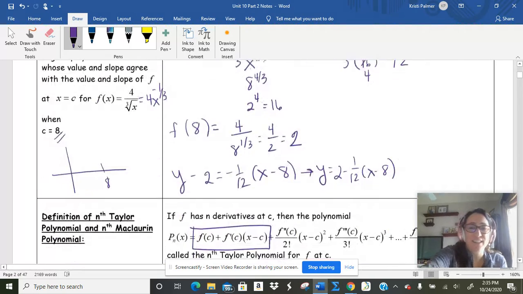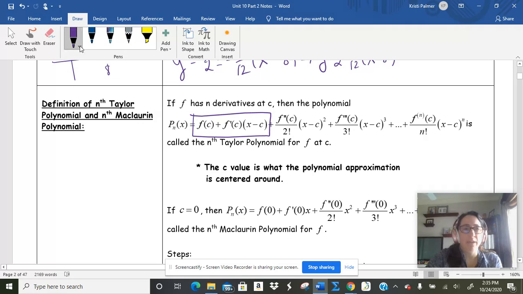Okay, so in this pattern, all we're doing is extending it out. So what is the pattern? Well, it's basically the first derivative, then the second, then the third, then the fourth, etc. This one is saying no derivative. And then you take it times x minus c, if that's the first derivative, to the first power.